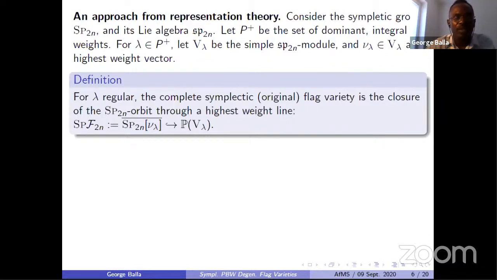So when lambda is regular, meaning it contains all weights, we take the closure of the orbit of the action of this symplectic group on the highest weight line corresponding to this highest weight vector. So this is what we call the complete symplectic regularity.